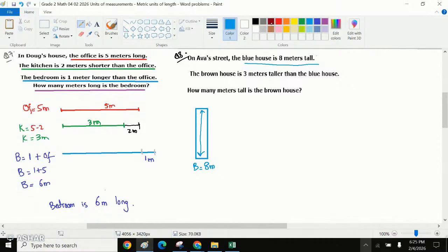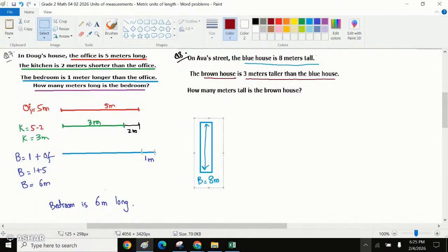Similarly, they are saying the brown house is 3 meters taller than the blue house. If this was the blue house, there's another house, the brown house, that is taller than the blue house. How much taller? The difference of the heights of these two houses is 3 meters.